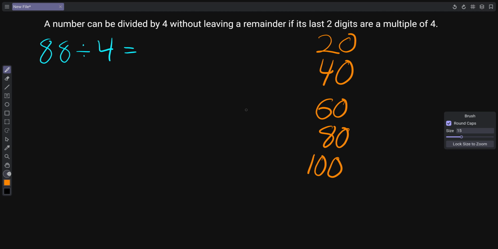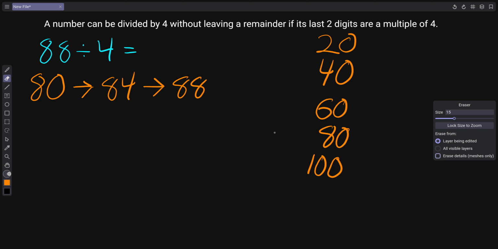In this case, it would be 80, so we would take 80, and we could count up by 4 at this increment. So 80 would become 84, and then it would become 88. And therefore, we actually know that 88 is evenly divisible by 4 because we took a multiple of 4, we took 80, and we counted up by 4.